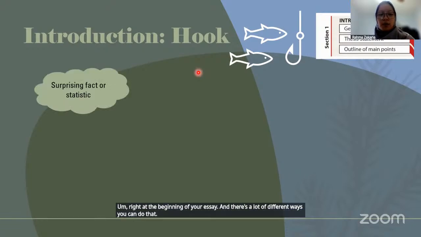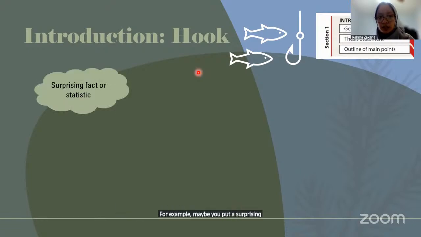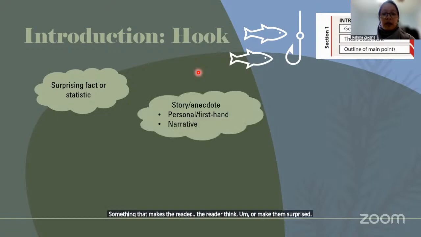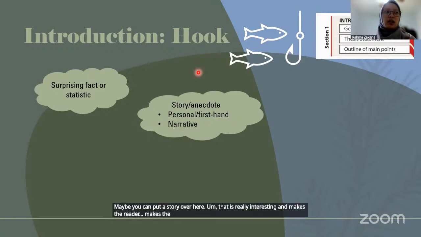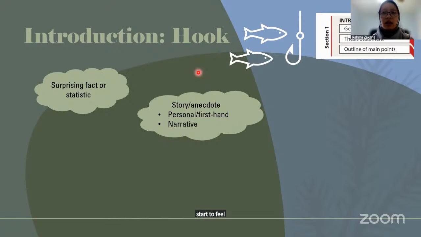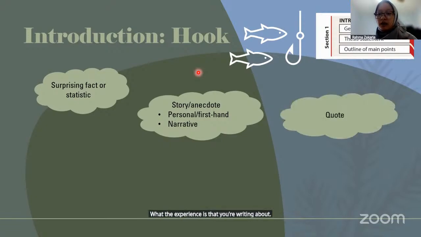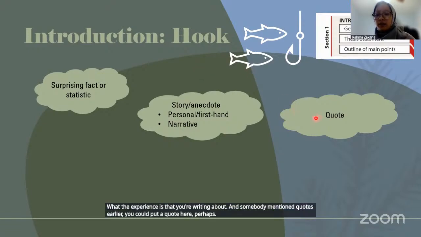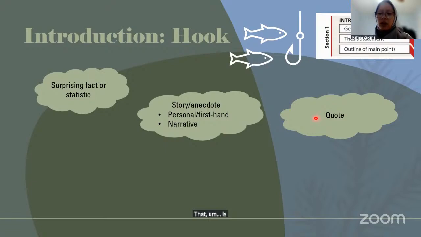For example, maybe you put a surprising fact or a statistic, something that makes the reader think or makes them surprised. Maybe you can put a story over here that is really interesting and makes the reader start to feel an emotional connection with the experience that you're writing about. And somebody mentioned quotes earlier. You could put a quote here, perhaps, that is really insightful or that makes you think.